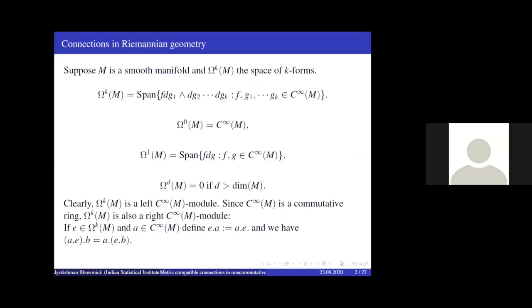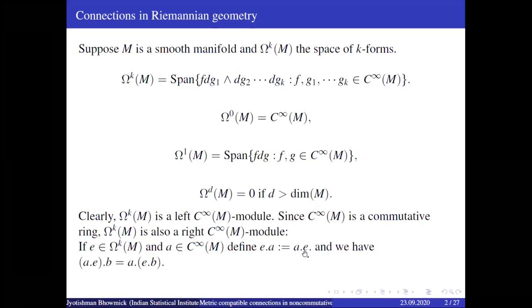I want to define E dot A, so you directly define it as A dot E, and the right module is defined by this.